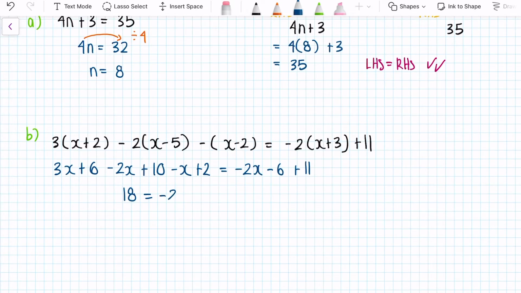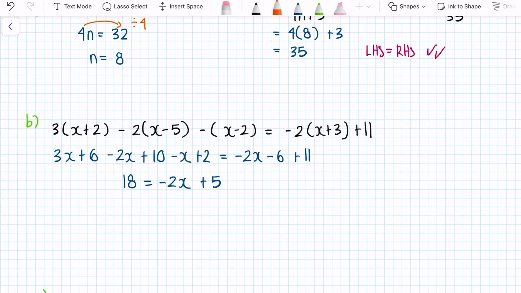There's no other x's there, so that's going to sit there. And then I have negative 6 plus 11. And that gives me 5. Okay. Now we can start looking at isolating the variable and actually dealing with the equation as a whole.